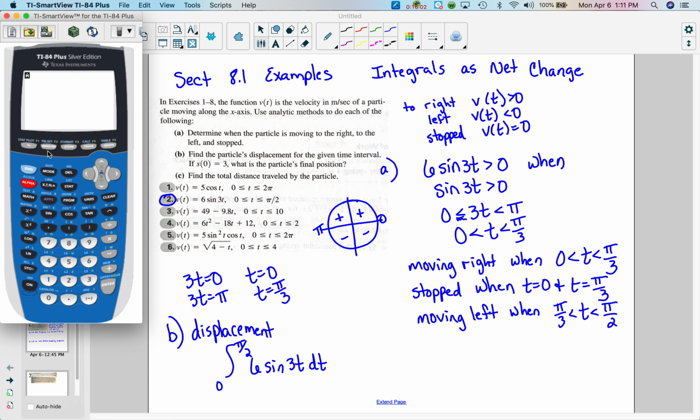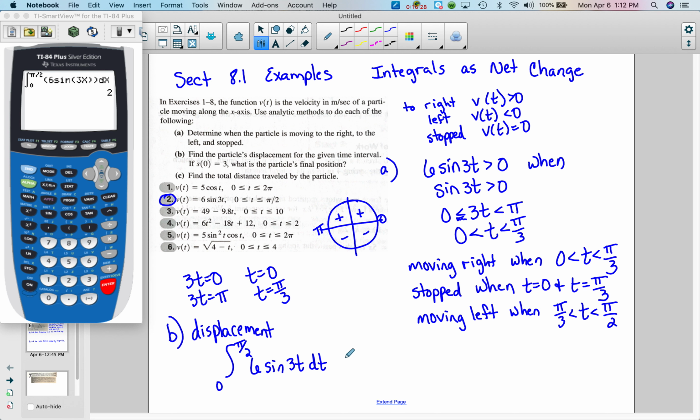So if we do that, we have from 0 to pi over 2, 6 sine 3x dx, and we get 2.